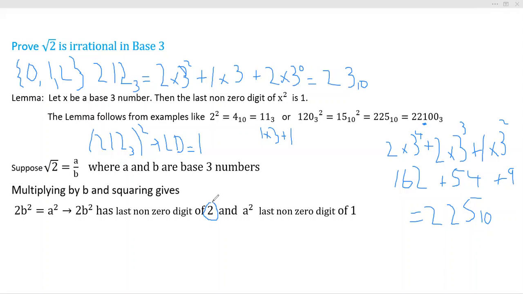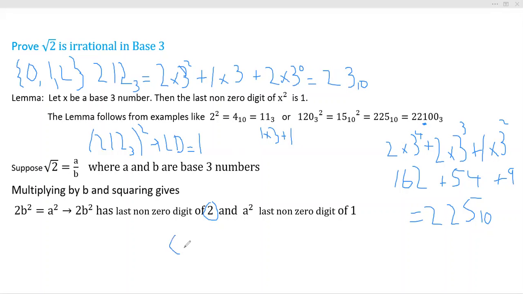All right. Now, in a similar fashion, and it's even easier, a squared's last non-zero digit is 1, right? That's what the lemma says right here. Let x be a base 3 number, then the last non-zero digit of x squared is 1. So you see, this is our contradiction right here.